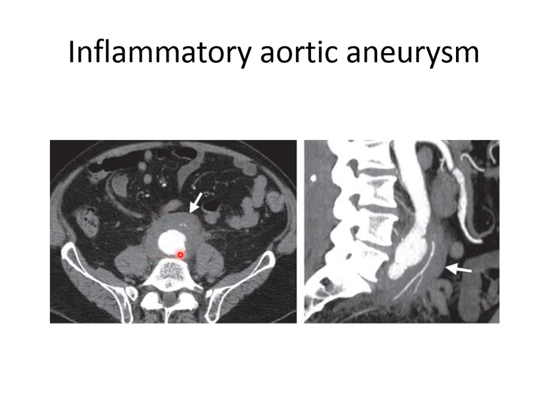You can see some irregularity of the wall here, and here you can see in sagittal CT the fusiform aneurysmal dilatation with the soft tissue thickening surrounding the aorta. This is specific for the inflammatory. But we shall progress to another subject that may also cause thickening, but in a different way.